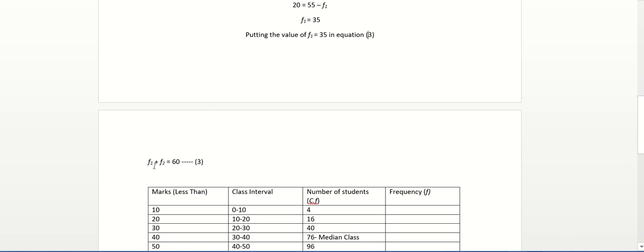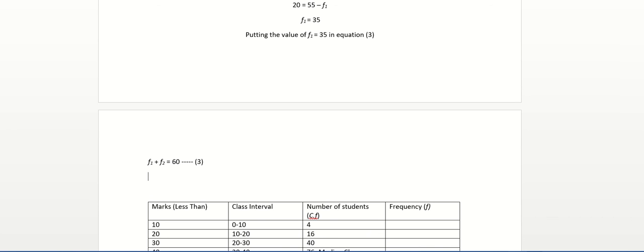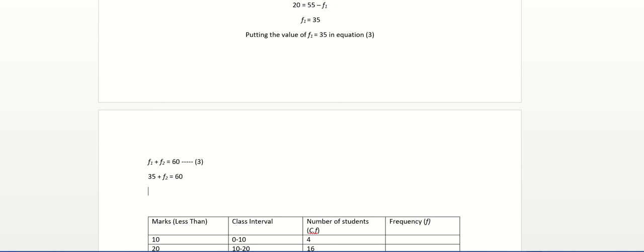So here 35 plus F1, so F2 minus 35, so we get 25. So this is how we have calculated both F1 and F2.